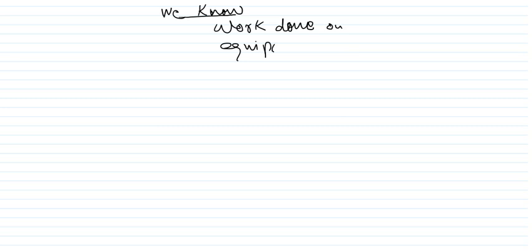Now next one is, we take the previous knowledge: the work done on an equipotential surface is equal to 0. I can write this mathematically as work done is equal to 0.